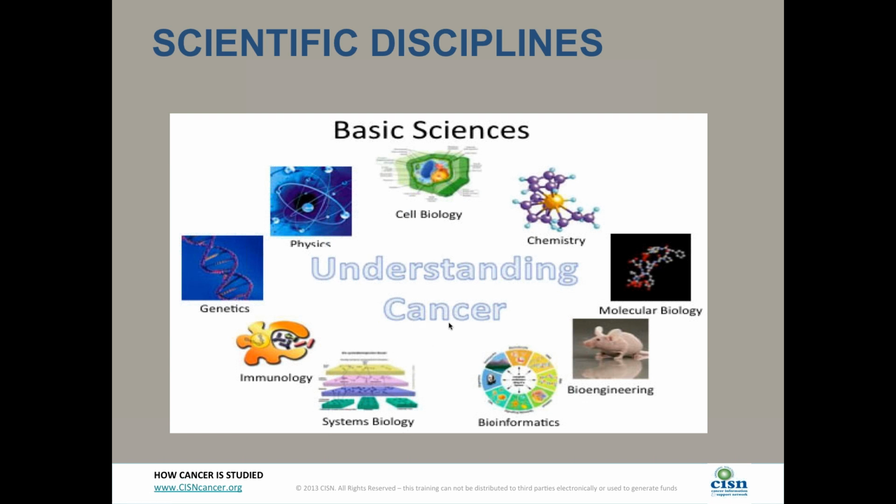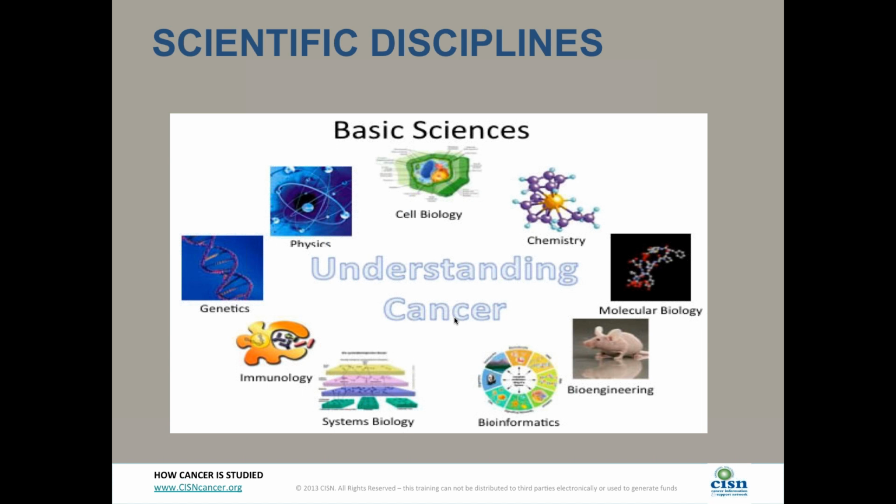And as we progress, more and more disciplines are coming into cancer research. So we have physicists now. We have cell biologists and chemists, immunologists, molecular biologists, bioengineers who are putting together these mouse models, bioinformatics people who are crunching the data, systems biology people who are taking it even wider, and we'll talk a little bit about that.